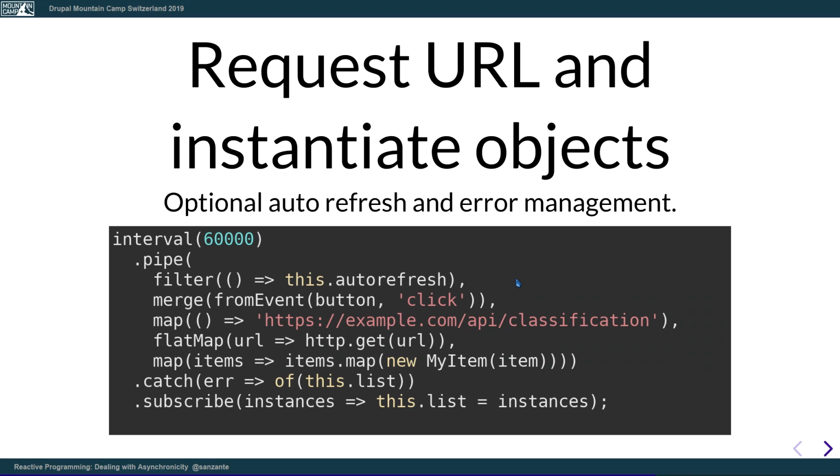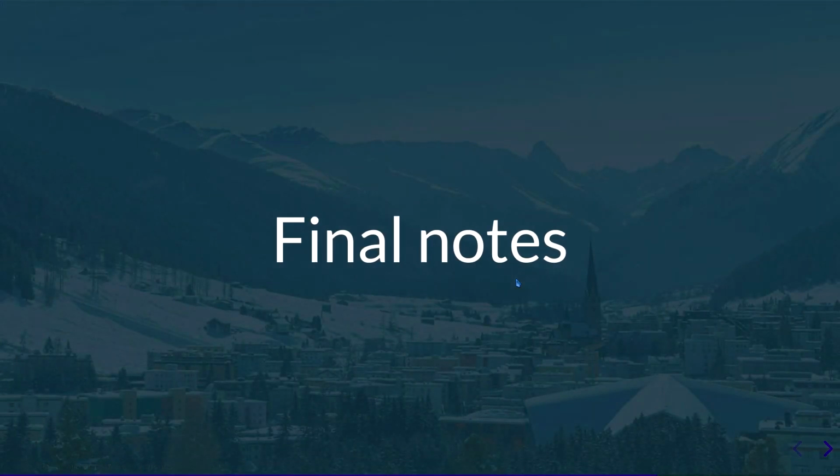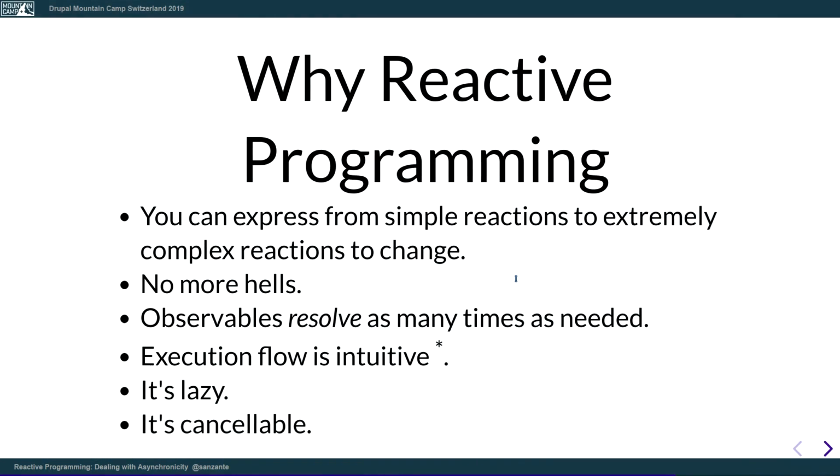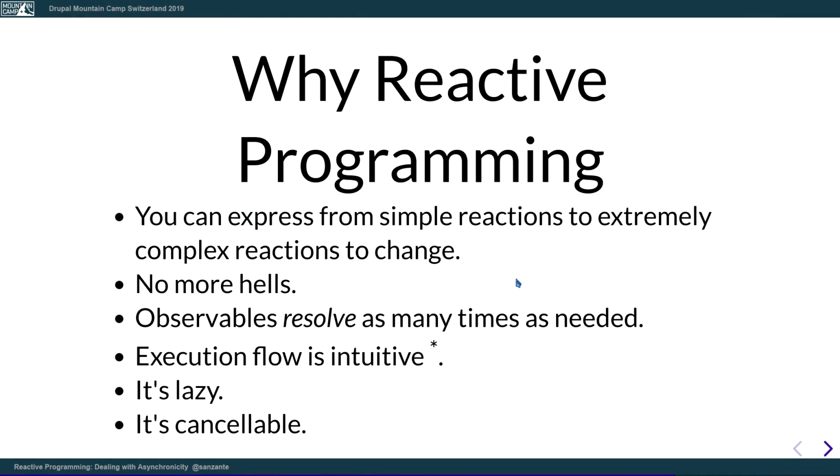In this case, if there is any error inside the pipe, the catch is going to be executed. Think of exceptions and try catch blocks. What I'm doing here is just returning the same list I have now. So the experience for the user is just that nothing happens. The list is the same, but the error is not shown. It's not visible.